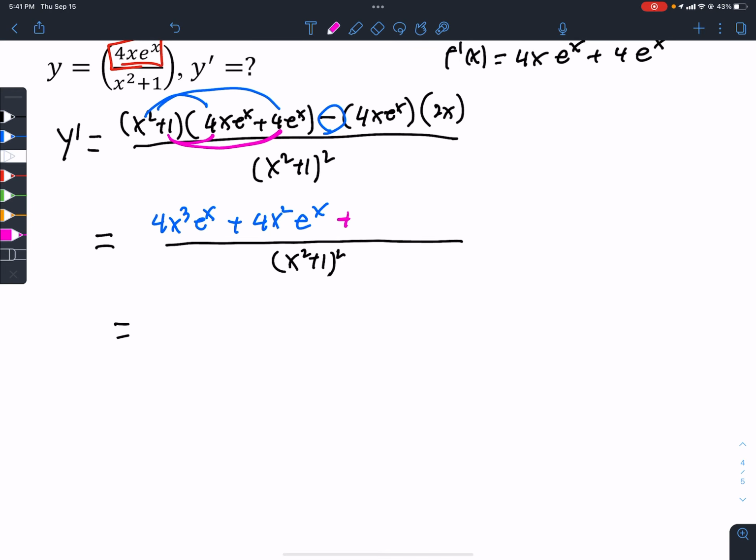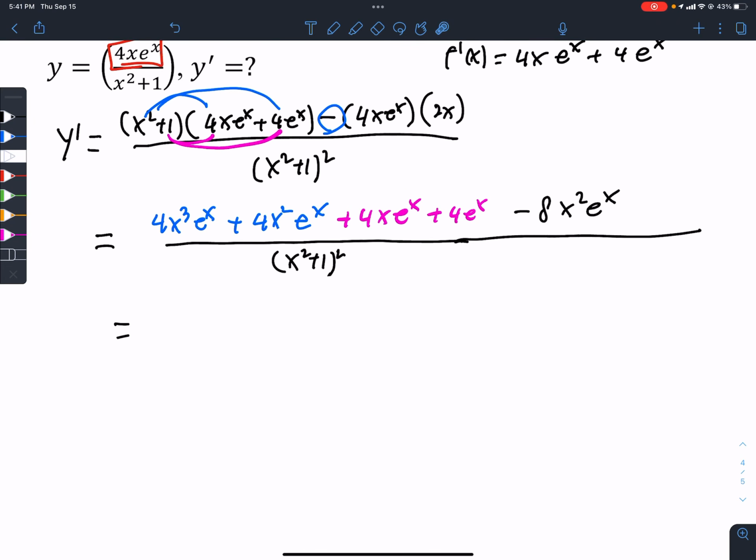I distribute the 1. I'm going to get this and this. Then I'm going to get all that. So that's going to be minus 8x squared e to the x. So I was just missing those pieces from distributing the 1. Everything else should have been fine. So I still have 4x cubed e to the x.